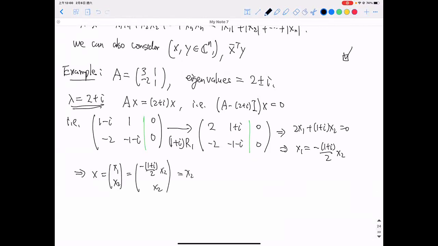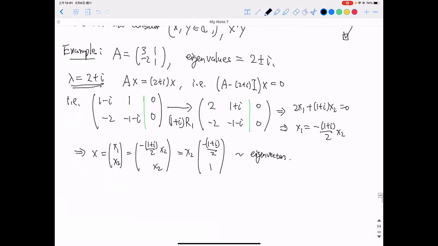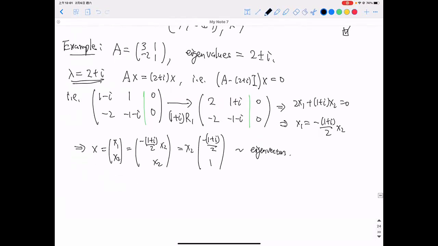So x2 times the vector negative (1 plus i) on 2, 1. These are the eigenvectors, and they span a one-dimensional subspace in C^2, as you can see here.